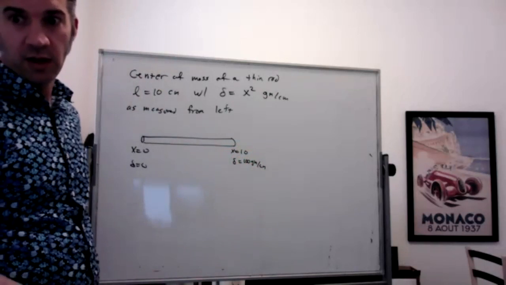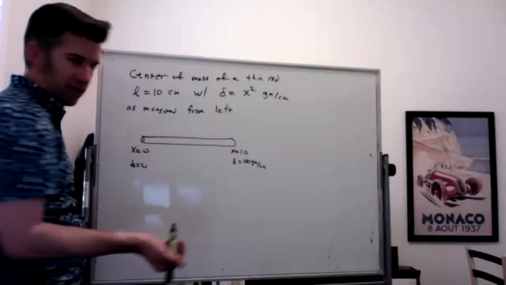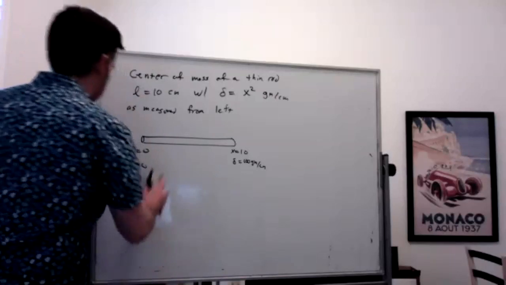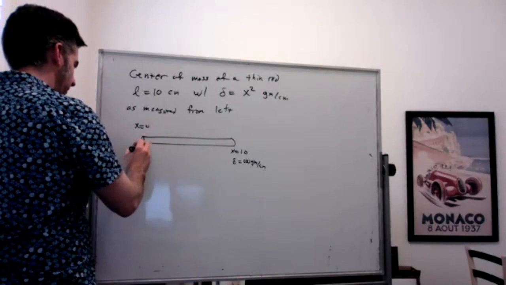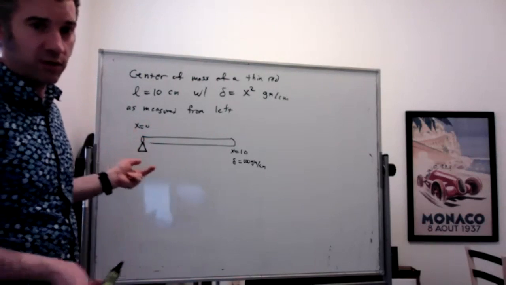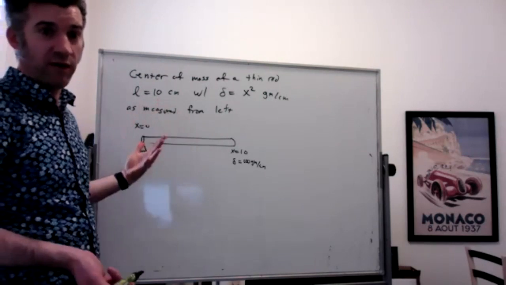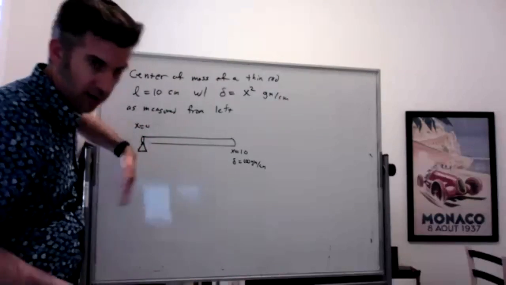Now, I know this is kind of silly, but we're thinking about measuring the moment around the fulcrum being right here. So if the fulcrum was right there, the moment of the system is going to be very positive, right? If you try to balance this thing on that fulcrum, it would definitely swing that way.